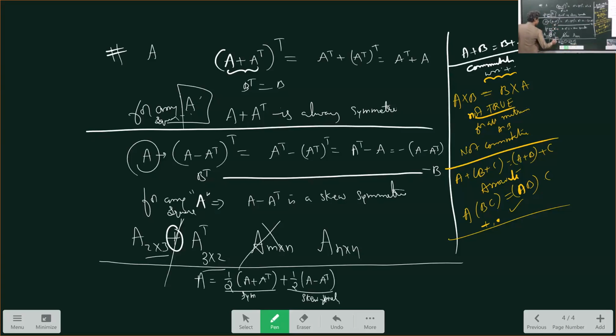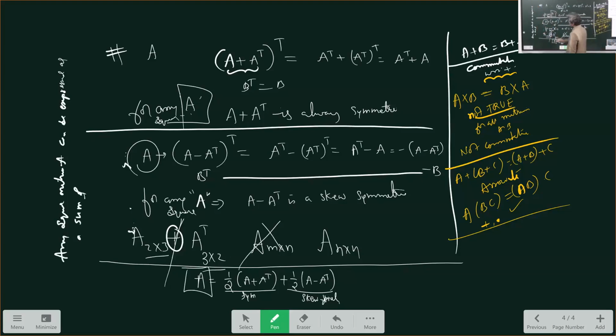So always any square matrix capital A can be expressed as a sum of symmetric and skew symmetric matrix.